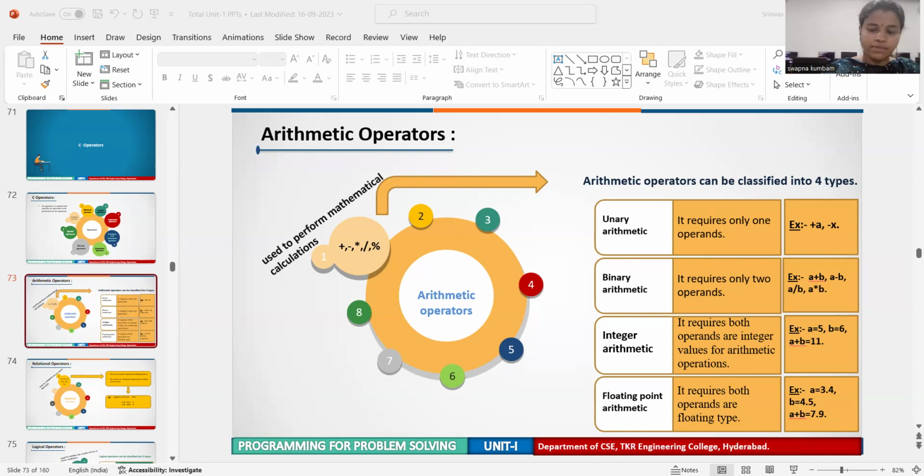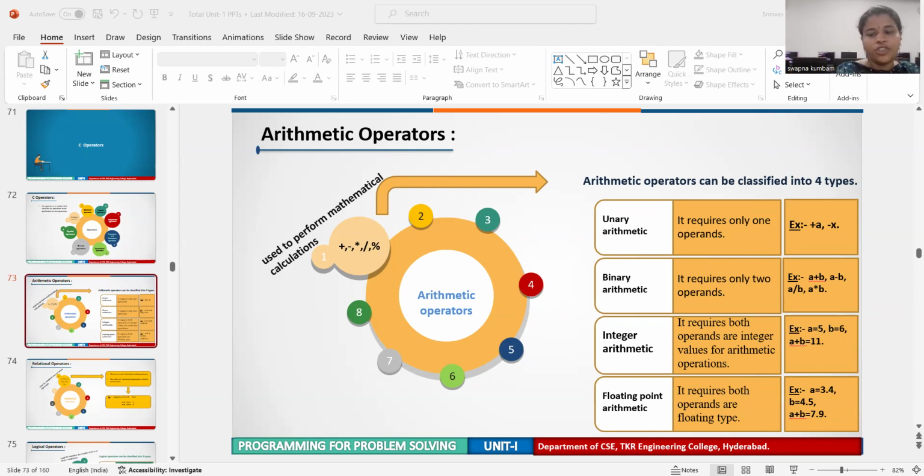Next one is the integer arithmetic operator, and the last one is floating arithmetic operators. So unary arithmetic operator, binary arithmetic operator, integer arithmetic operator, and last one is floating.